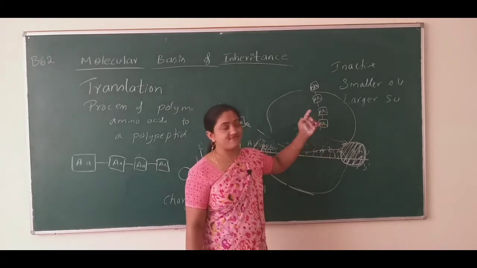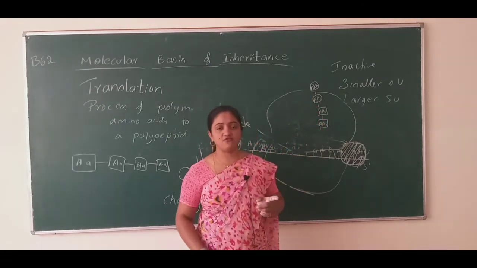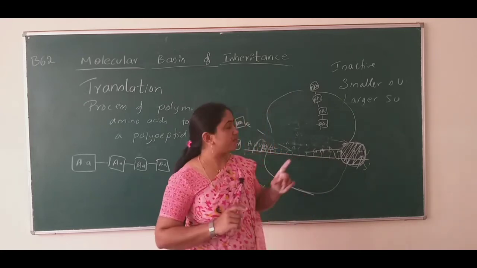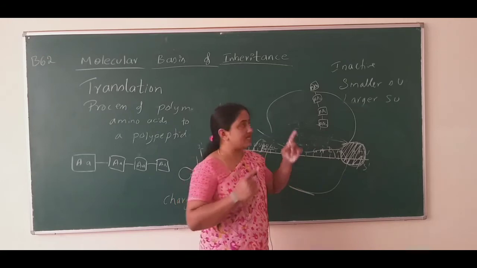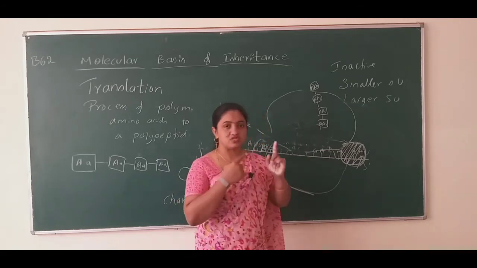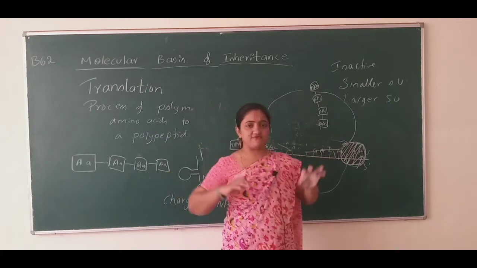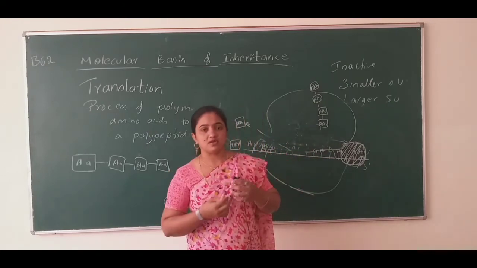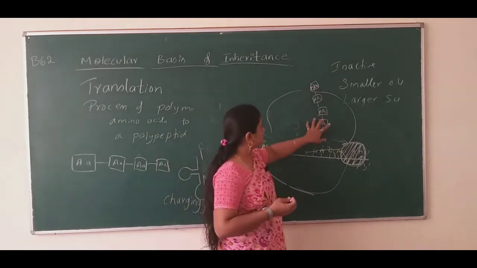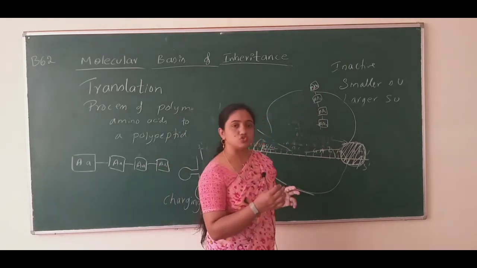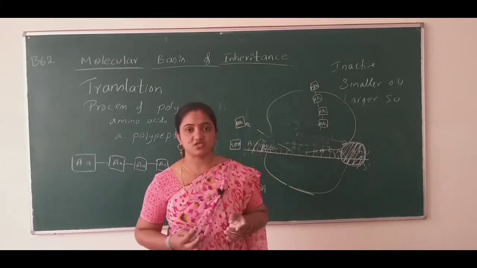Now what is left? A long polypeptide chain remains. It will not stay in a lengthy form; it will coil, with a number of coilings taking place in the polypeptide chain, so that it forms the complete structure of a protein.